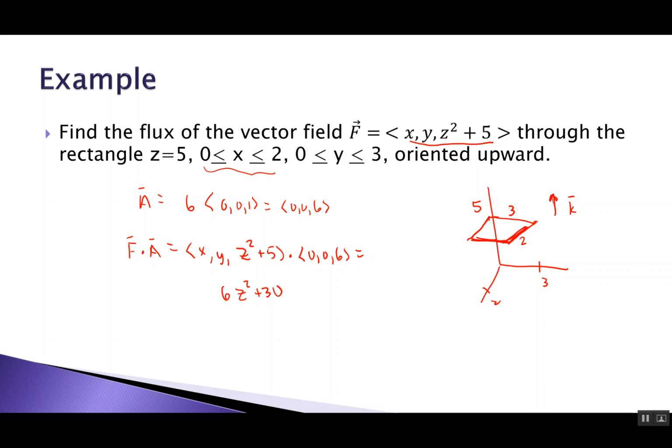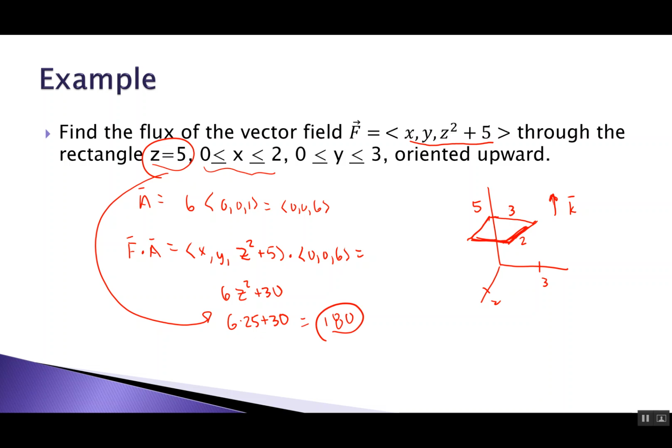All right. And let's see. Notice z is a constant equal to 5. Z is constant. If z were not constant, I couldn't do this. But since z is constant, 25 times 6 is 150. So this is 180 for my answer.